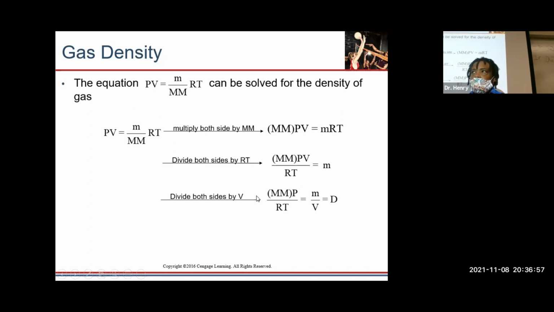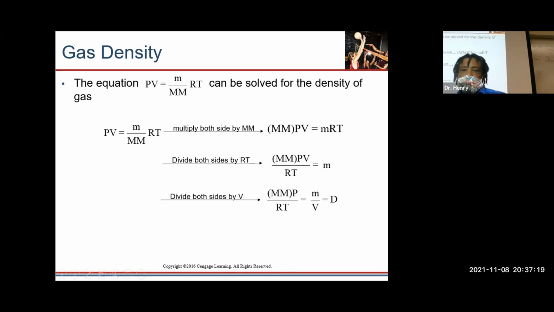Density is mass over volume, so molar mass times P divided by RT equals mass over volume, which is density. We can manipulate this equation to calculate just about everything we want. It's kind of cool.